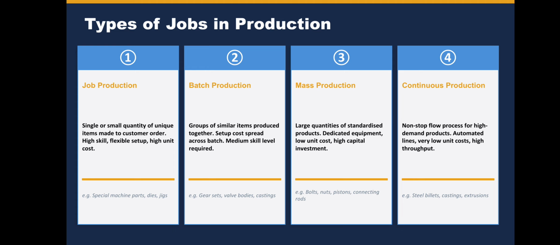Customers need demanded products in day-to-day life. For this, continuous production is needed to produce the demanded products with a non-stop flow process. That is called continuous production. Examples are steel billets, castings, extrusions, etc. These are the main important examples for continuous production.